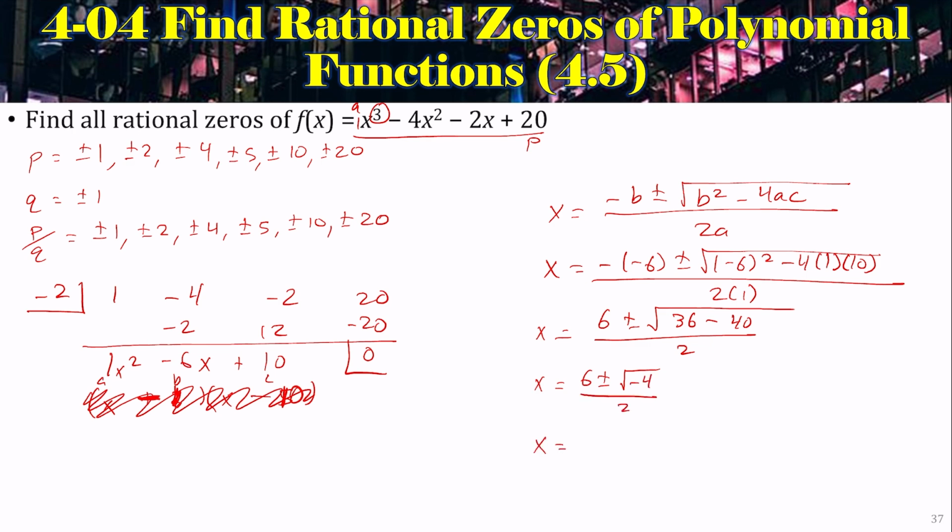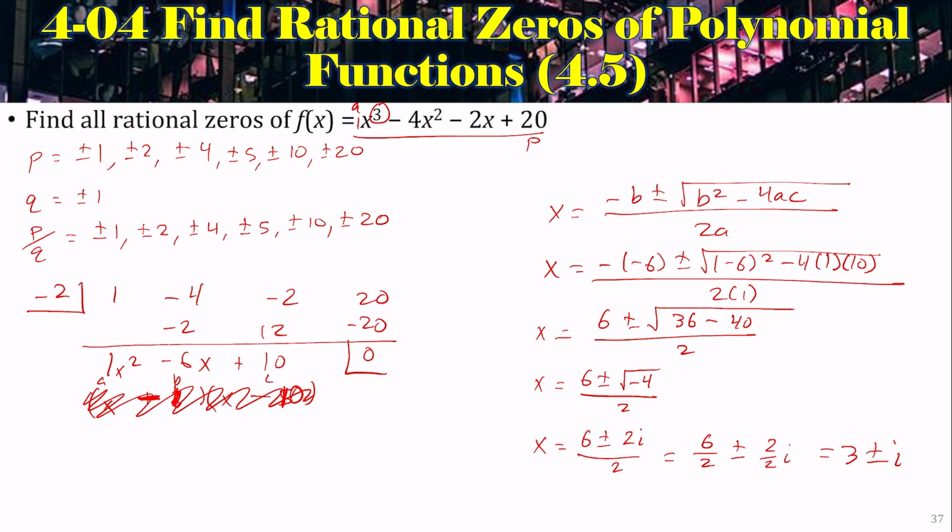That's why we couldn't factor it. It's imaginary. Square root of -4. Square root of 4 is 2, and the negative makes i. Split that into 2 separate fractions. So just 3 plus and minus 1i.